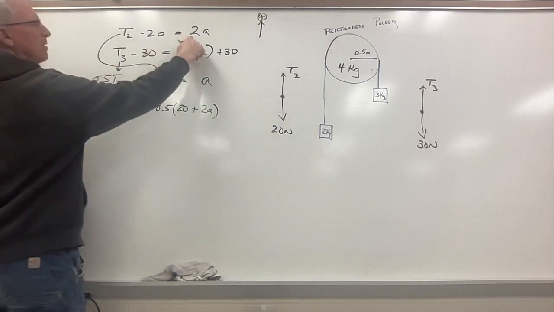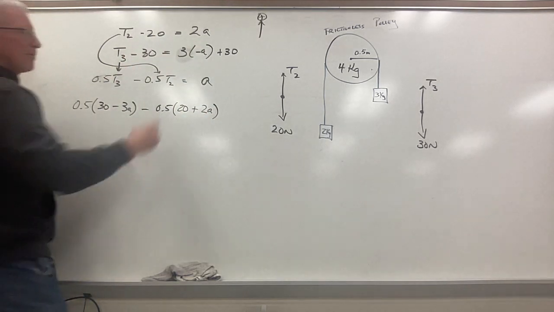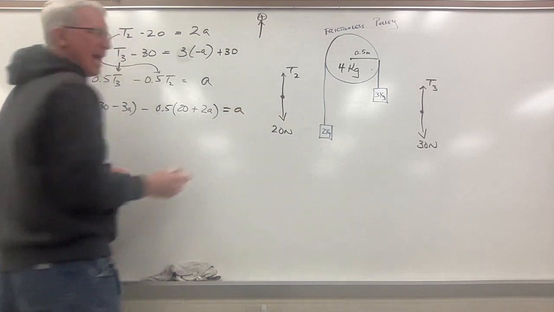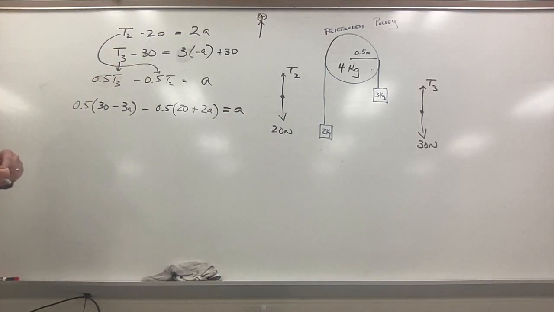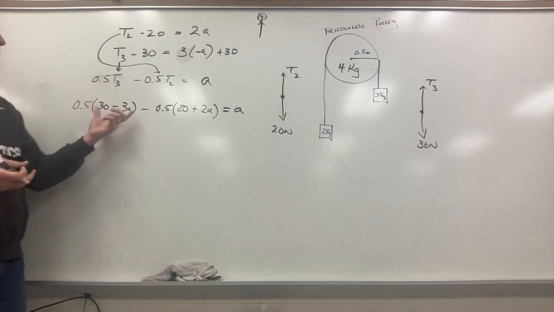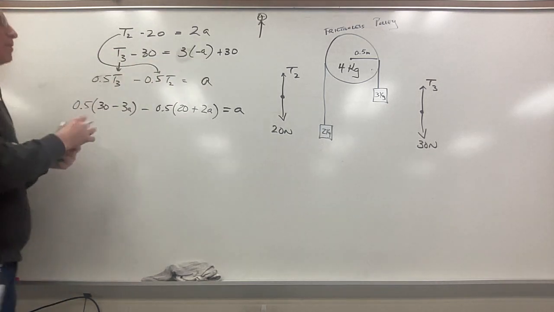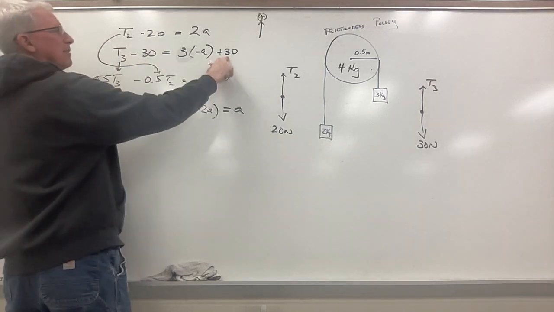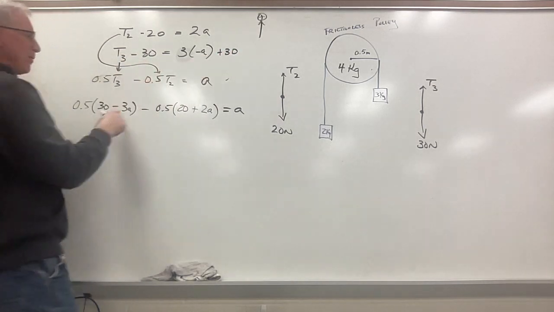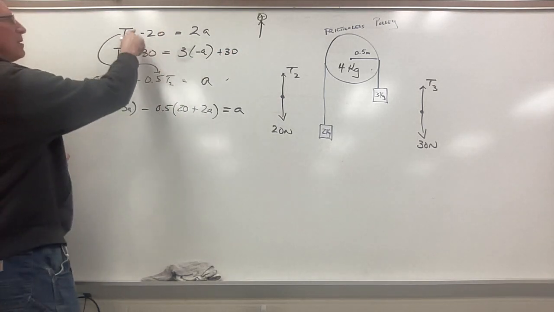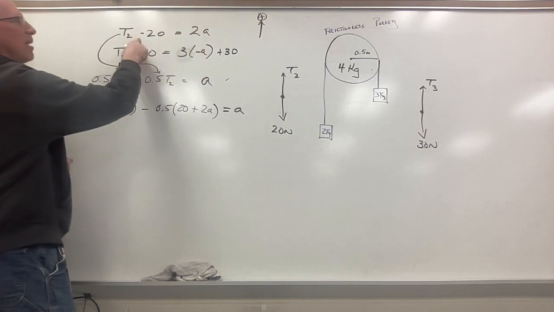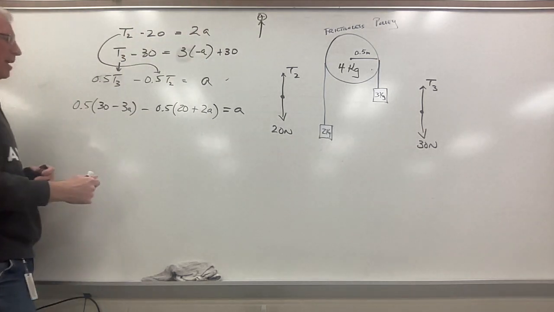I'm going to bring my 20 to the other side. And that whole thing is equal to A. Okay, so solve for T3. T3 is going to be 30 plus negative 3A. T2 is going to be equal to 2A plus the 20 that I brought to the other side.